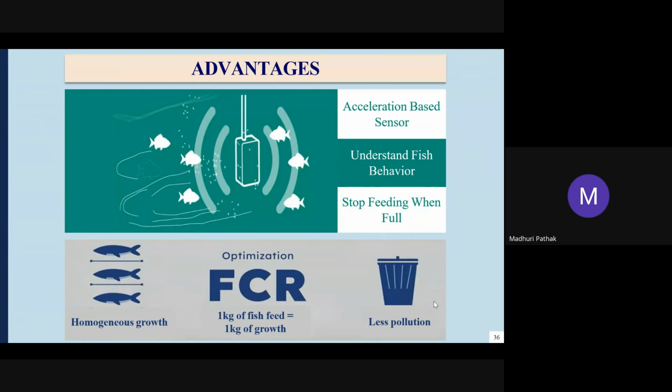So whatever feed is wasted in the pond will give rise to ammonia, nitrogen, and phosphorus production, which will ultimately go outside the pond and come into the natural environment and create eutrophication in the nearby waters. That is nothing but the pollution of the natural water bodies.